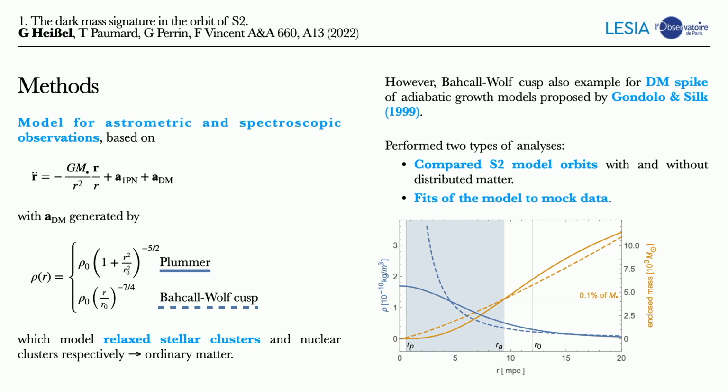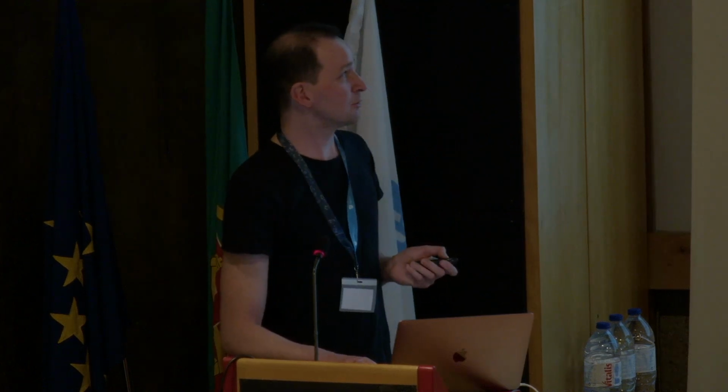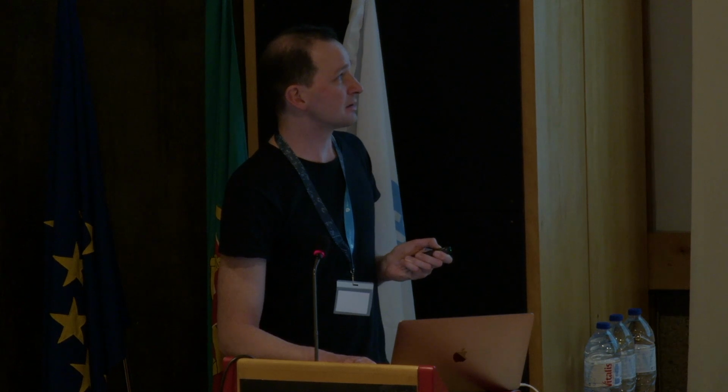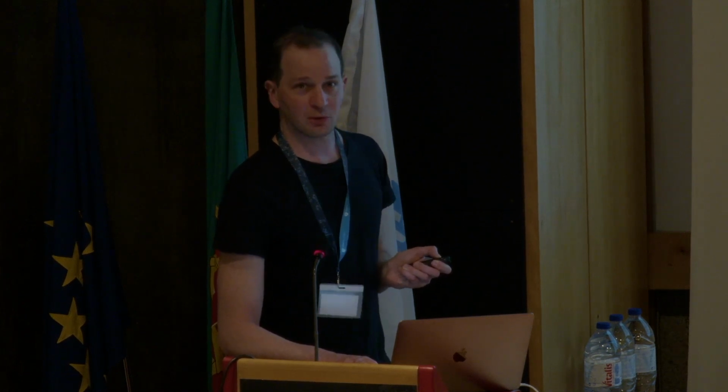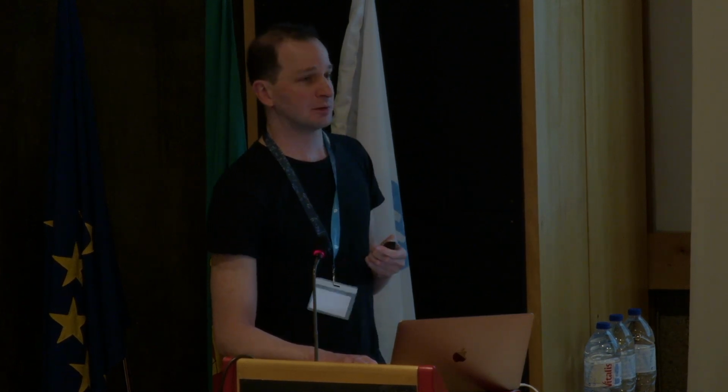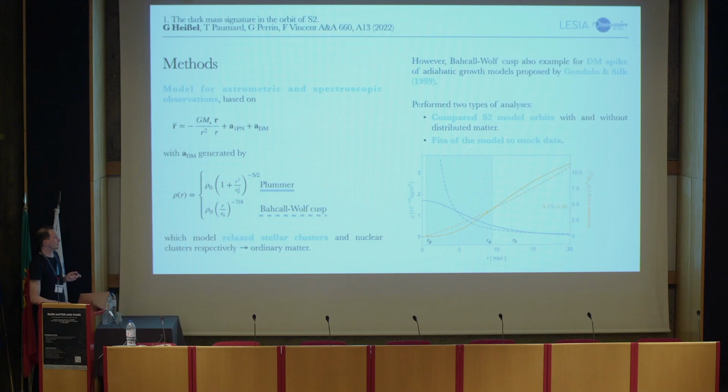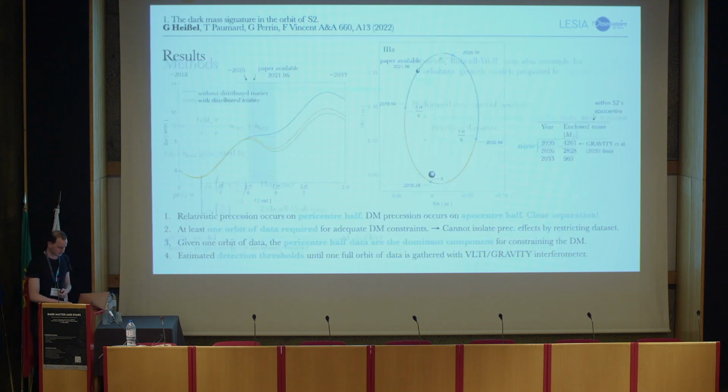So in this sense, it's also an example of cold dark matter. And what did we do? We performed two kinds of analysis. First, we plotted model orbits and compared them with and without dark matter. And then we produced some mock data and saw what we can learn from fitting the model to mock data.